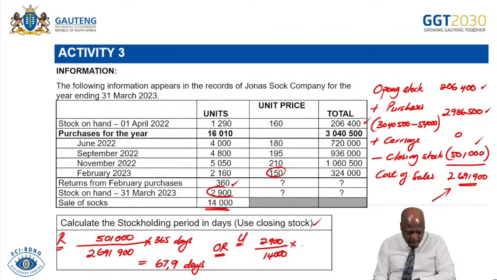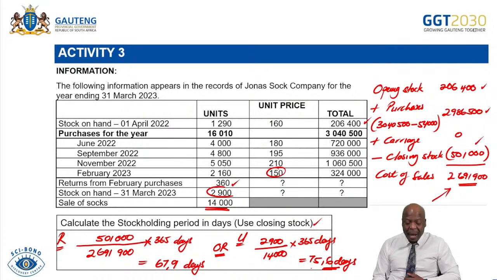You multiply this by your 365 days. And then it gives you your 75.6 days. So your answer is either 67.9 days or 75.6, depending on the method that you would have used.